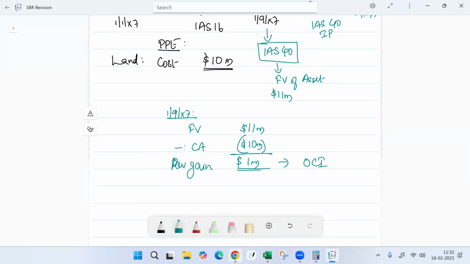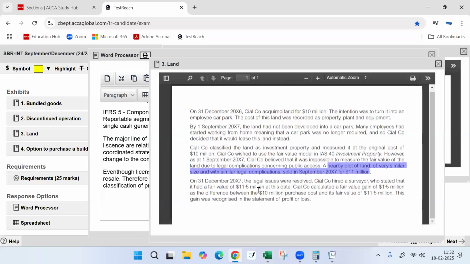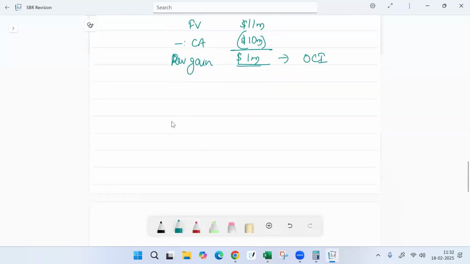At year end, what happened? The fair value at year end was how much? $11.5 million. This is a subsequent gain, isn't it? So on 31st December X7, there has been a subsequent gain of how much?